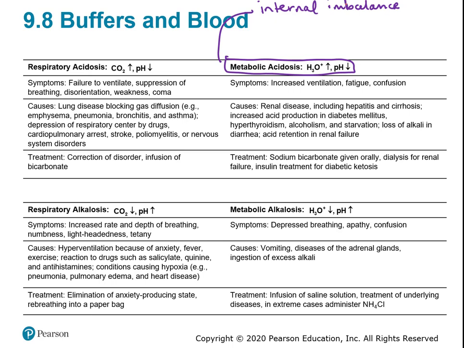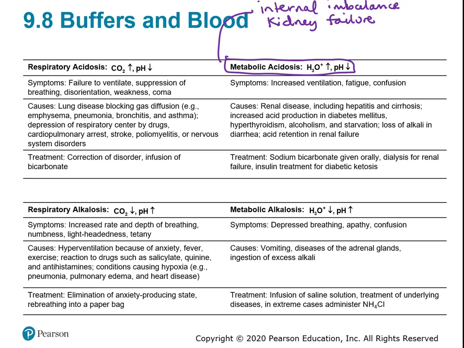This can be caused by kidney failure. So remember we talked about dialysis, how patients on dialysis, how their salt, their water, their waste all get out of whack. So their waste can be acidic, can be basic, but it most commonly will cause acids to build up in the blood that normally the kidneys would flush out.